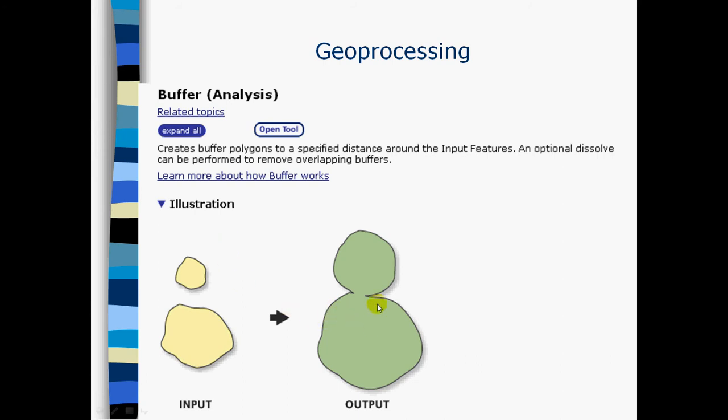And usually one wants to do dissolve, which will remove the lines that would have formed, because this buffer actually buffers each of these separate features in turn, and you can end up with internal lines cutting through. But if you dissolve, you can get rid of all the internal buffers and make continuous polygons.